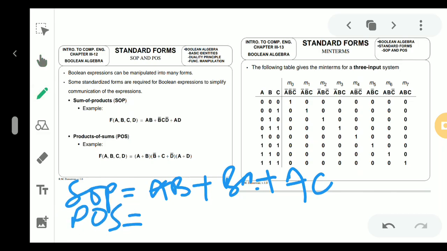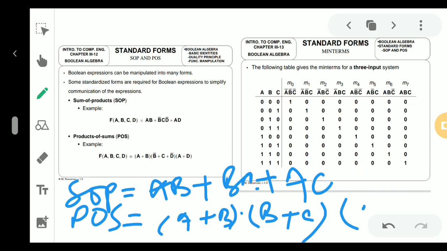It means first we will do the sum, like (A + B) into (B + C) into (C + A bar). So this is product of sum. We will first sum, then we will form the product. Okay, in this way we have to categorize it, sum of product or product of sum.